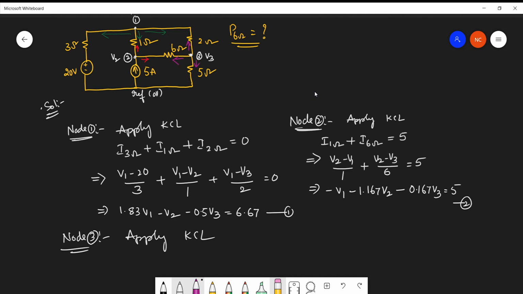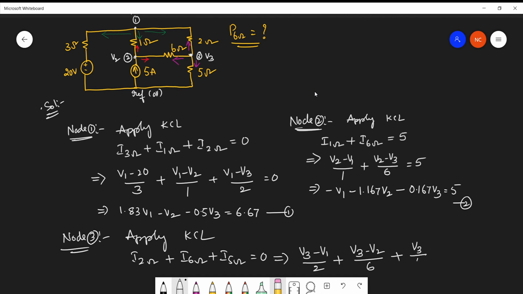That means the current passing through the 2 ohm resistor plus the current passing through the 6 ohm resistor plus the current passing through the 5 ohm resistor equal to 0. According to node 3, this is (V3 minus V1) by 2 plus the current through the 6 ohm resistor, (V3 minus V2) by 6, plus the current through the 5 ohm resistor, V3 by 5, equal to 0.